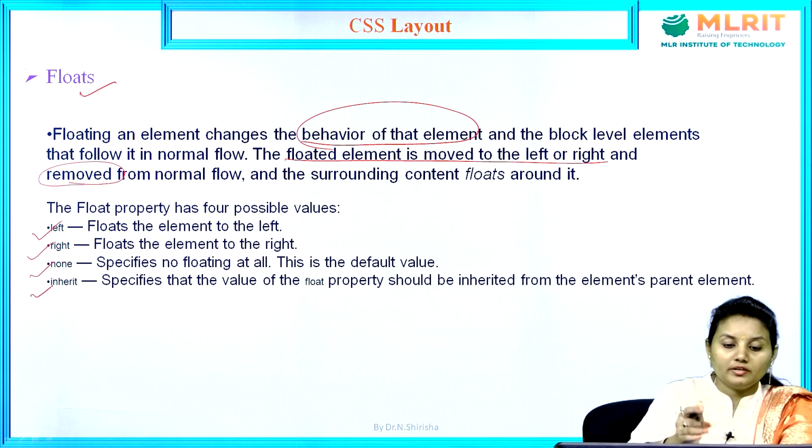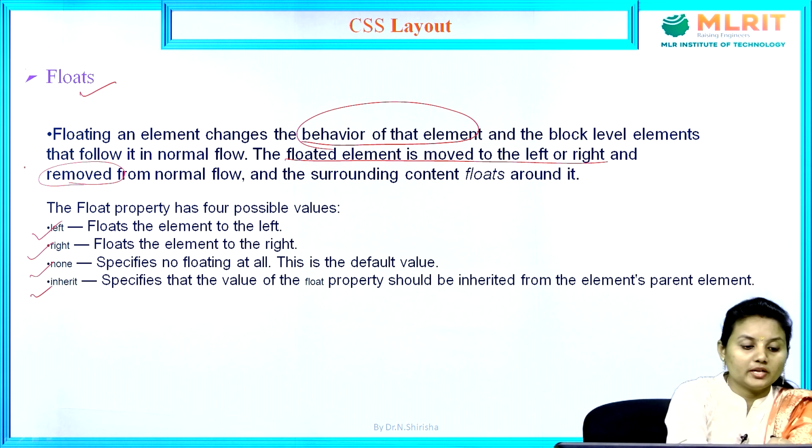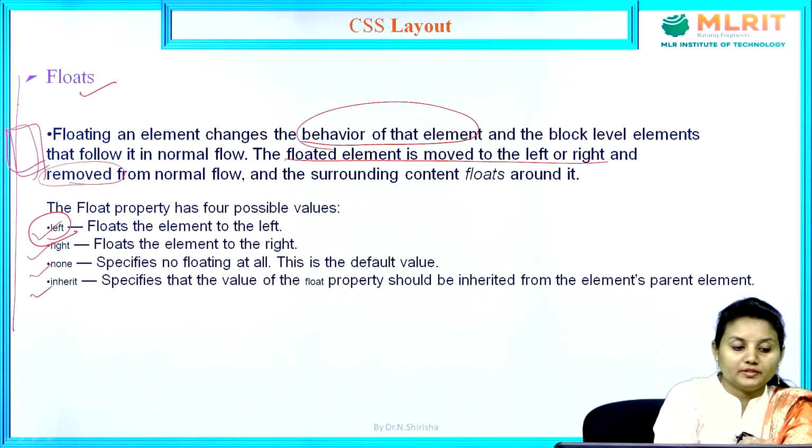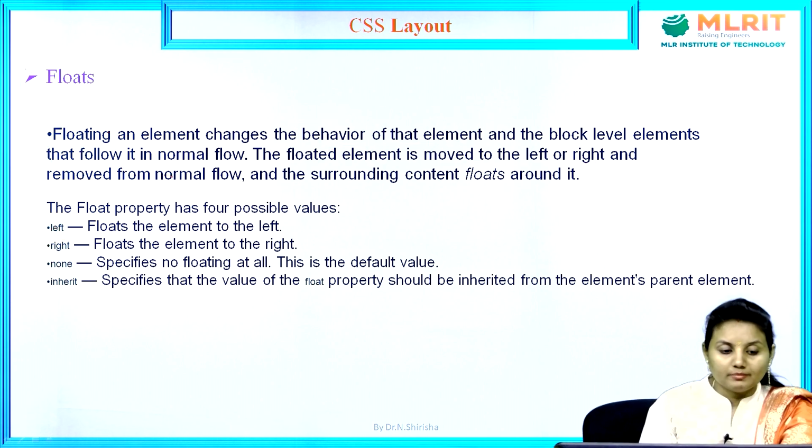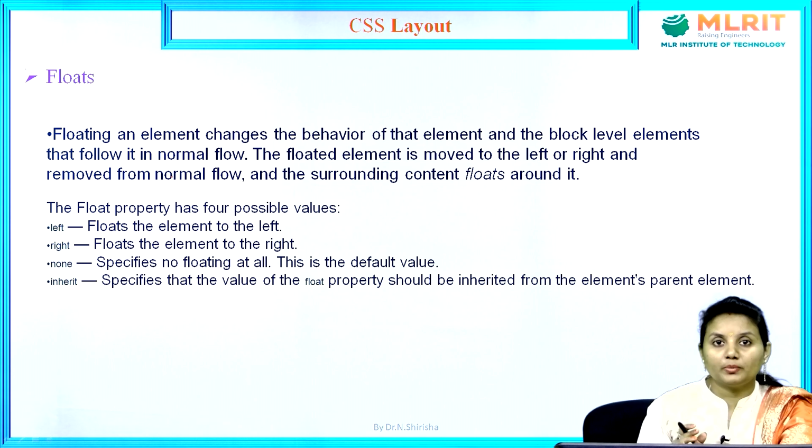If there is a text like this and you want to put an image here, but the margin is missing, your image will be here. If you give left, then your image will be here and all this text will be displayed here. So that alignment or proper positioning of floating elements can be done using left.